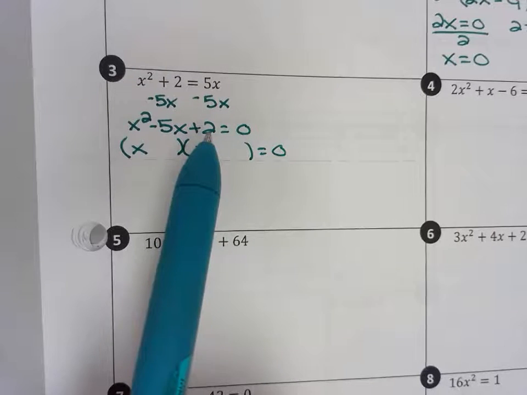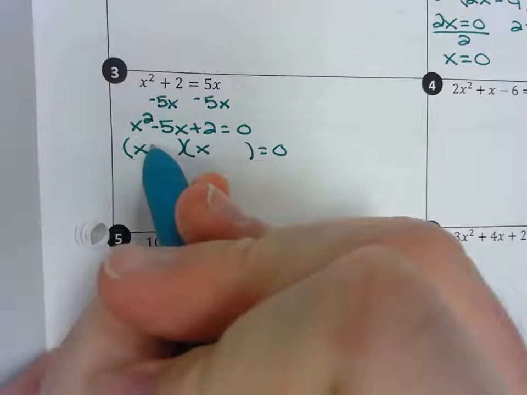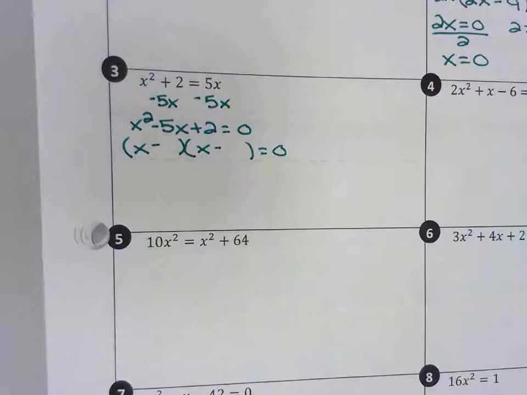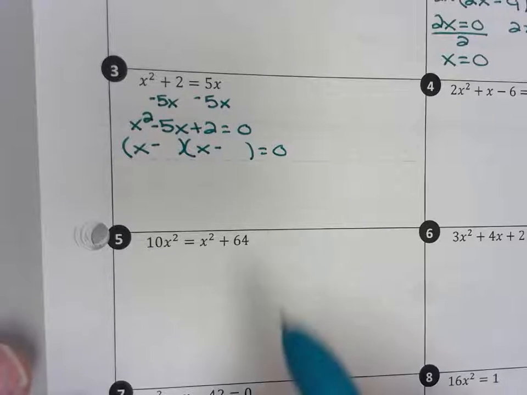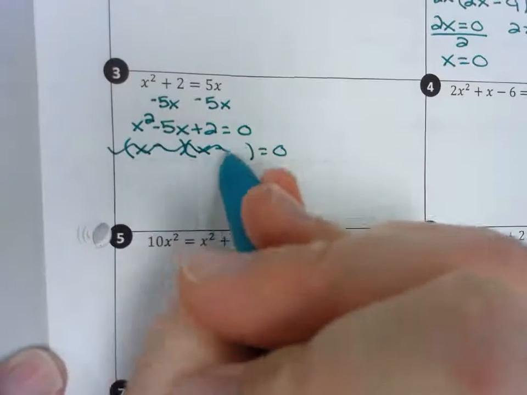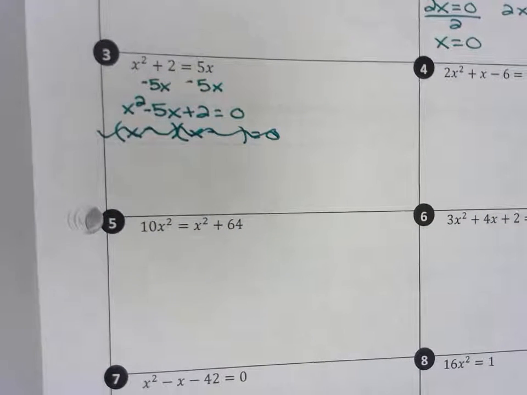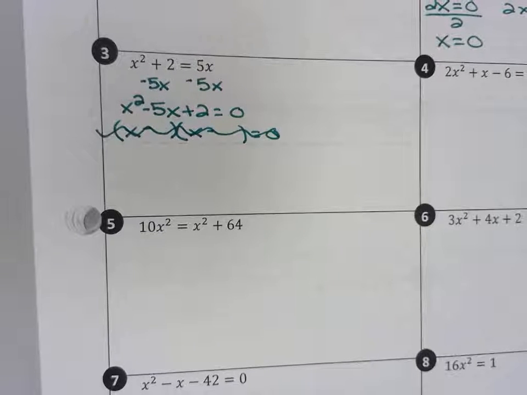No. They would both have to be negative technically, but even if they were negative 2 and negative 1, would that add to give me negative 5? No. So you can't factor it. Go through, try to factor it, and if you can't find two numbers that multiply to give you the last and add to give you the middle, then it might not be factorable. Not all of these are going to be factorable.